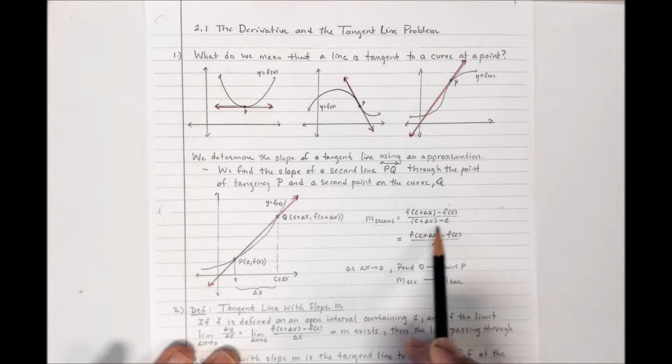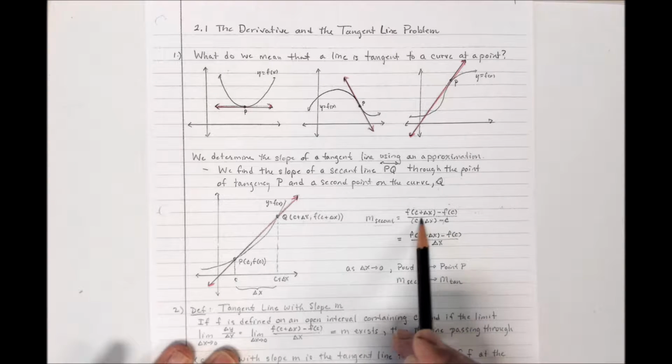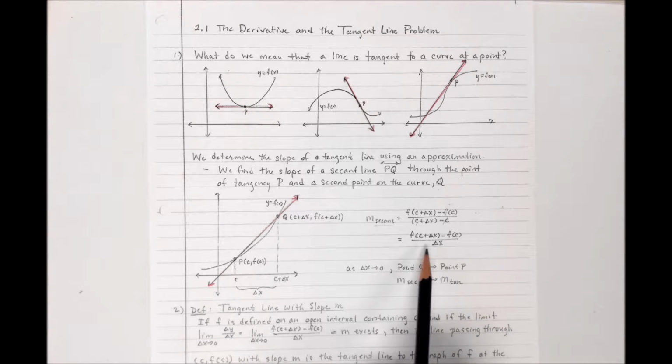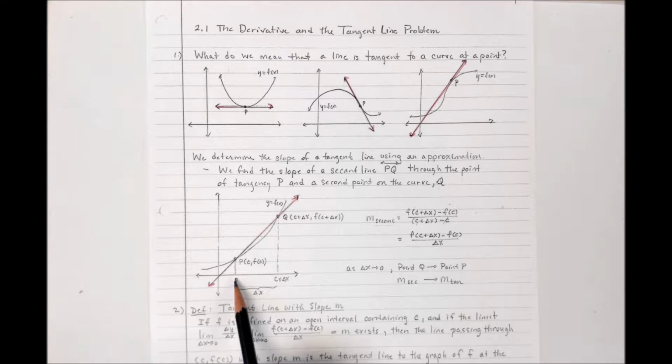Now in the bottom, the c's cancel, and I end up with this expression, which we know as the difference quotient, except typically we have an x here instead of a particular value c, but that's because we're looking at a particular point here.